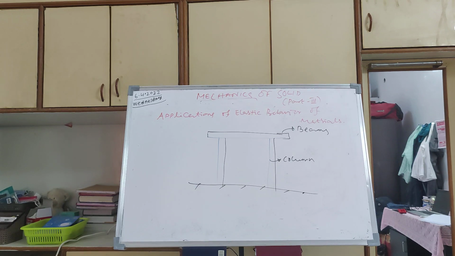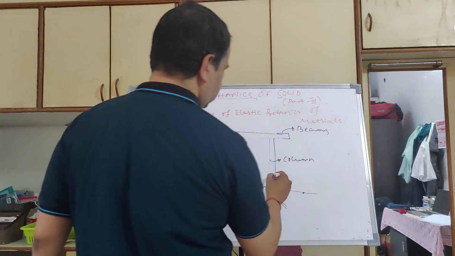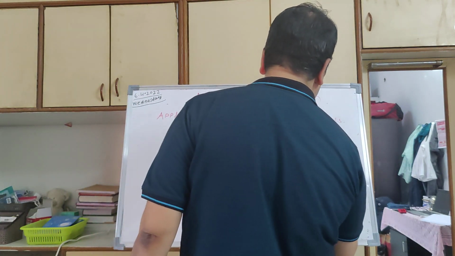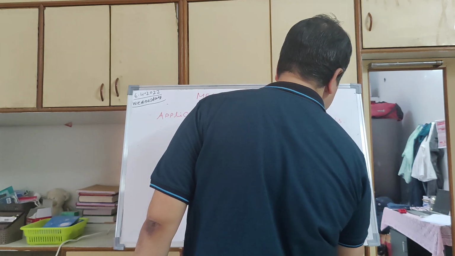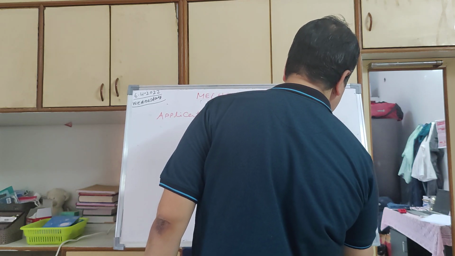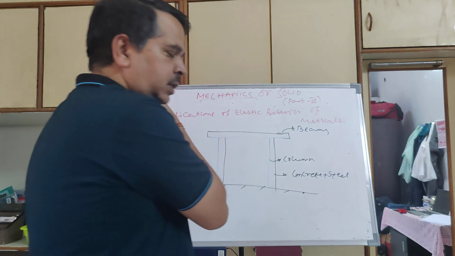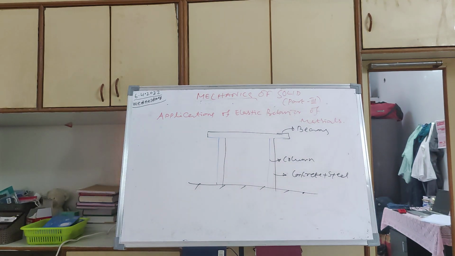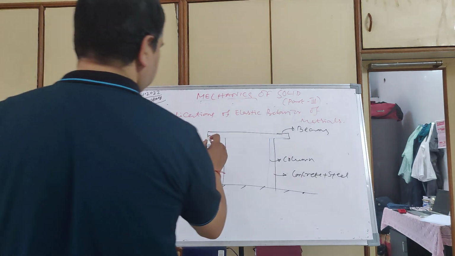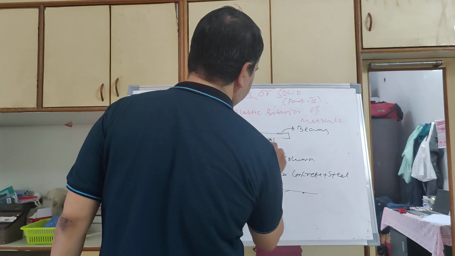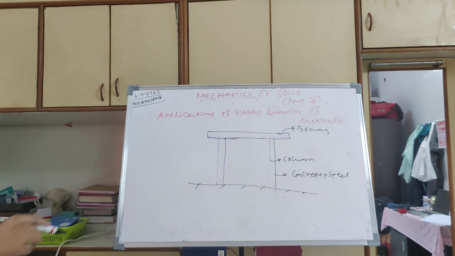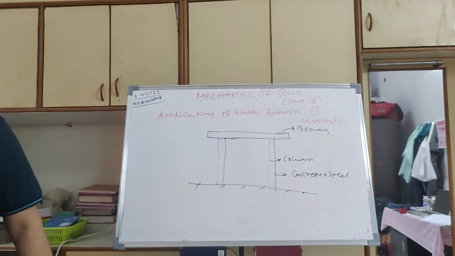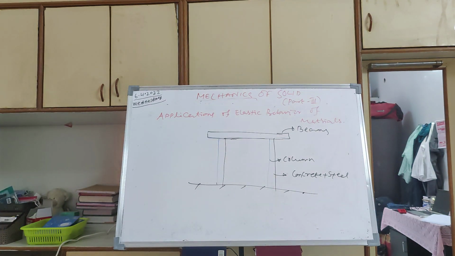To construct these, the columns will be made of concrete plus some steel. So you need to know the strength of this concrete. Suppose the building will carry certain load, like the load of its own weight.